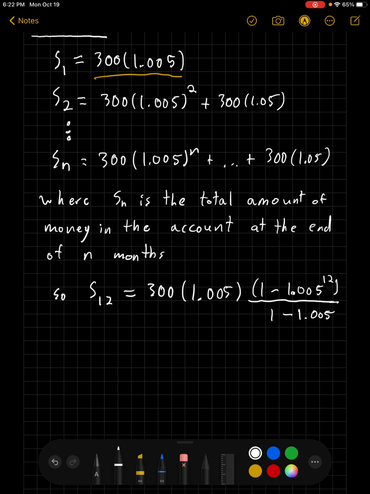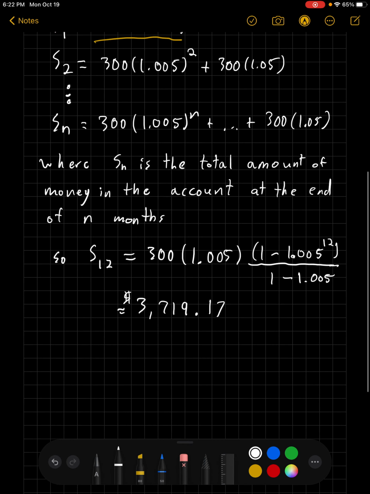And when you solve that, you end up with $3,719.17. Now this should have been the right answer. So this is the correct answer, okay? This is good.